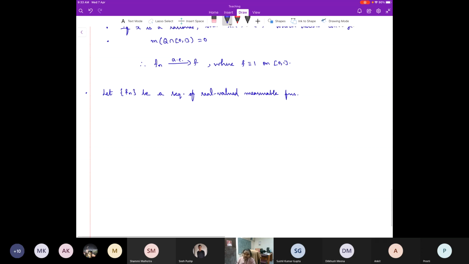Now let me write E as all those x in omega such that fn(x) converges. So this set is what is known as the set of convergence.